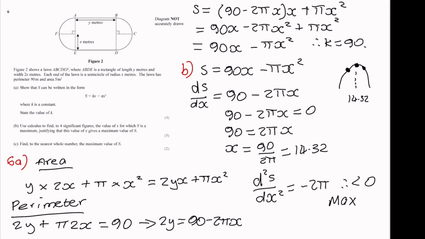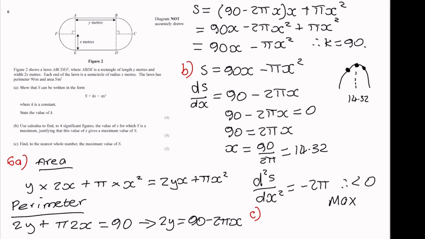Part C. Find to the nearest whole number the maximum value of s. So we have found the value of x for which s is a maximum. Did that in part B. And we also know the function for s equals 90x minus pi x squared. So we simply need to substitute in 14.32 into our function.